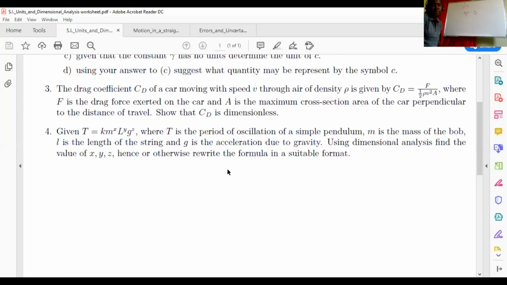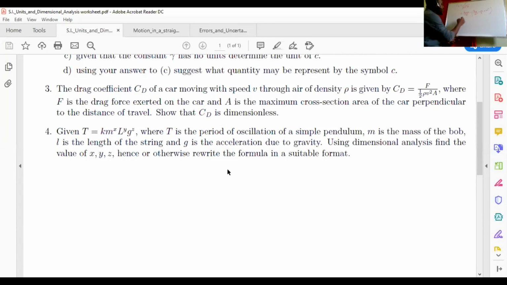And V there represents the speed. Speed is meters per second, times A, which here is your area, which is meters squared.